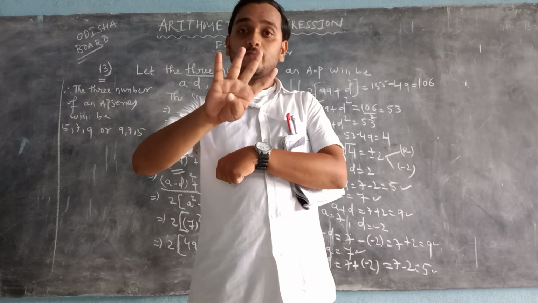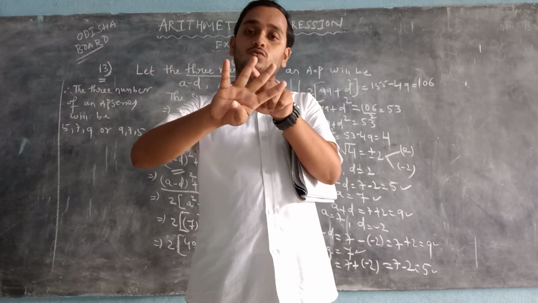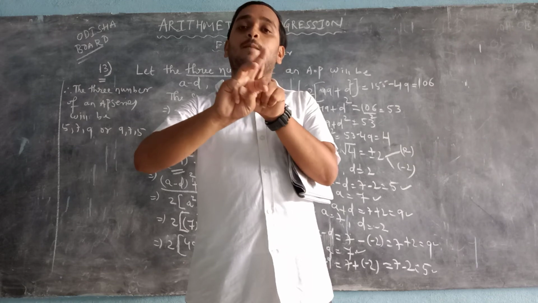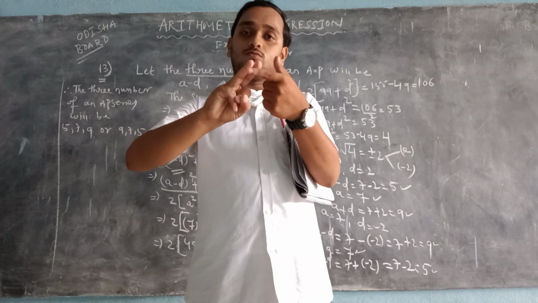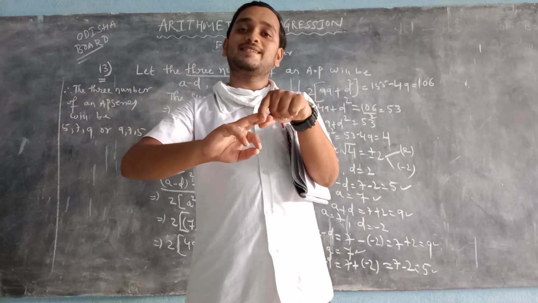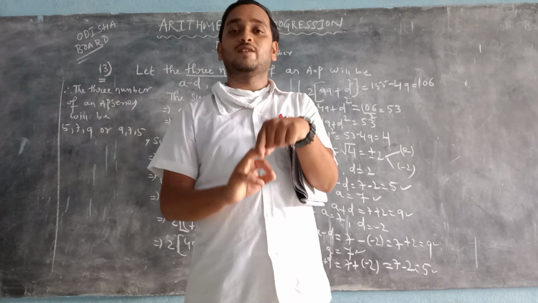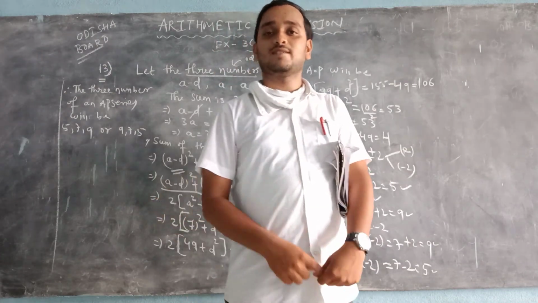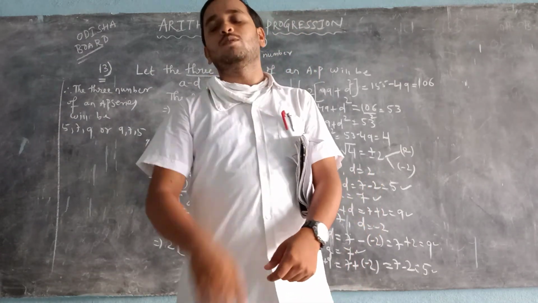If you take 4 numbers, see 1, 2, 3, 4, this will be the first term, this will be the last term, but these are the two middle. So if the series is odd, then we will get one middle number. If the series is even, we will get two middle numbers.